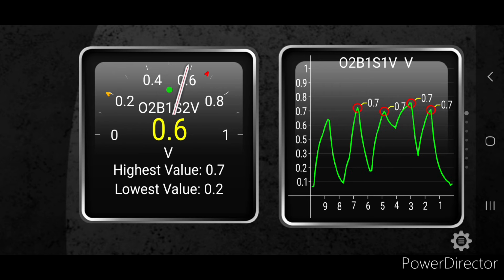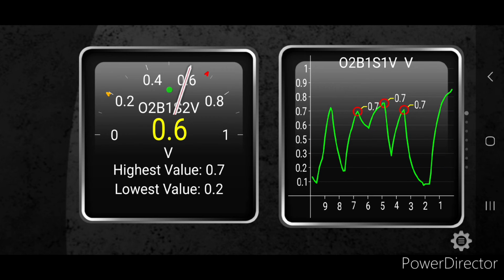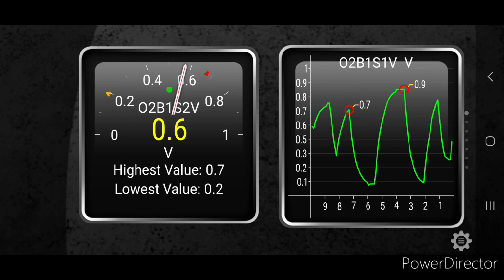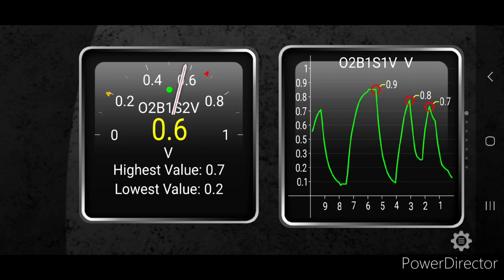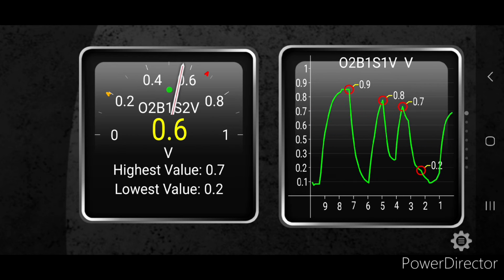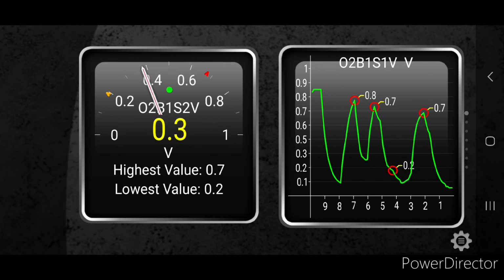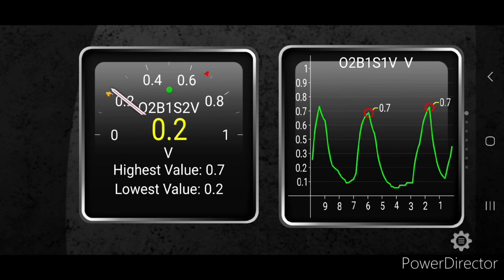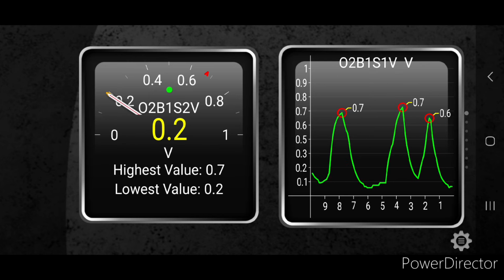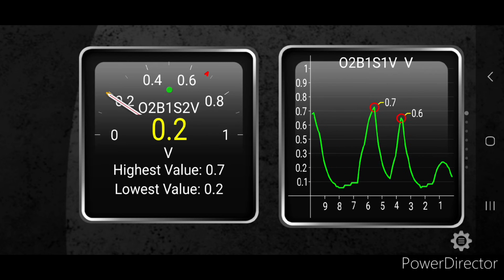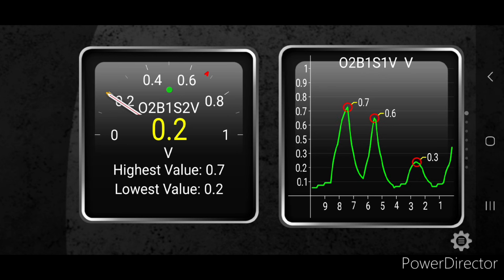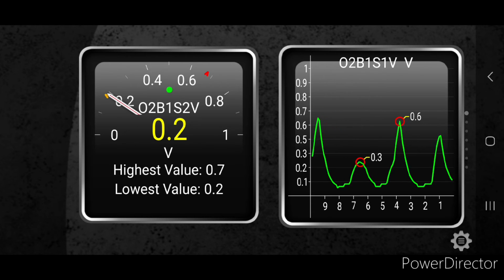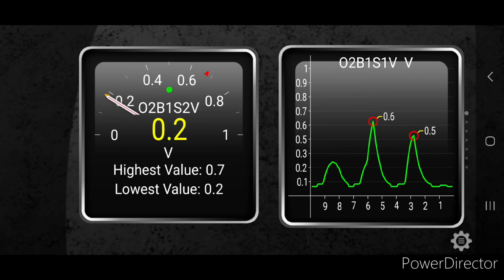It's saying that the value of the gas coming up from the catalytic converter is still normal, guys. 0.2 is very low. I don't believe that at this age of the vehicle it will produce 0.2. It must be higher than that. So I believe we have a problem with our O2 sensor, guys.